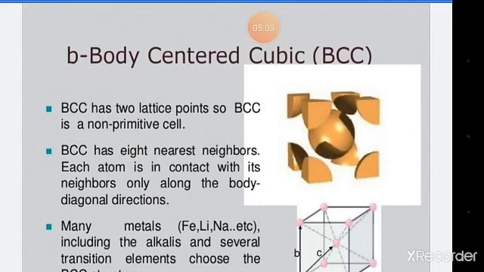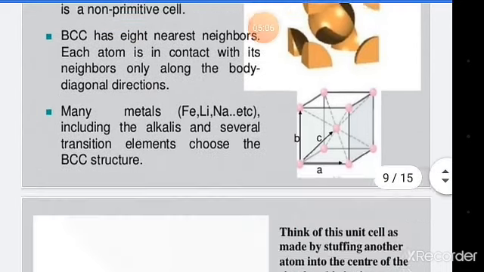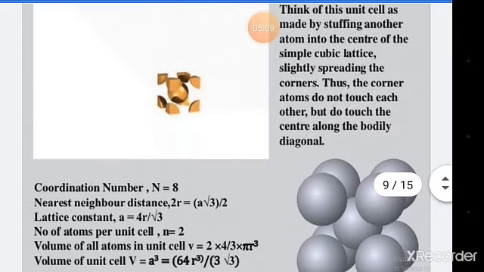Example, lithium. In BCC, the corner atoms do not touch each other but do touch the center atom along the body diagonal. The coordination number is 8 and nearest neighbor distance is equal to a root 3 by 2.